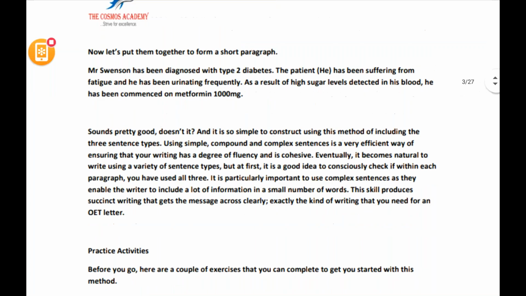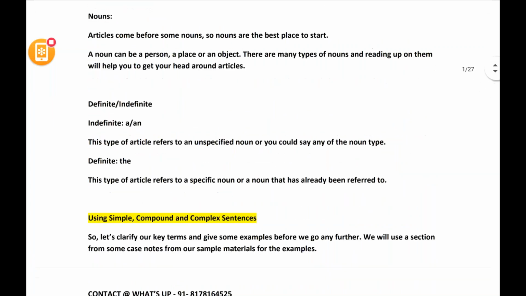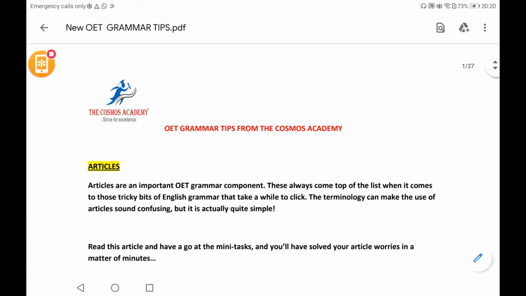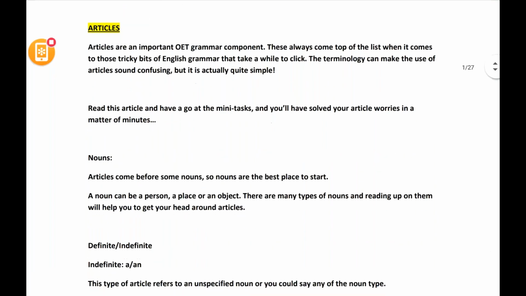If you keep these few things in your mind, then you can easily avoid the grammar mistakes, and 20% of the marking is of grammar. Remember that. This 20% is really important.